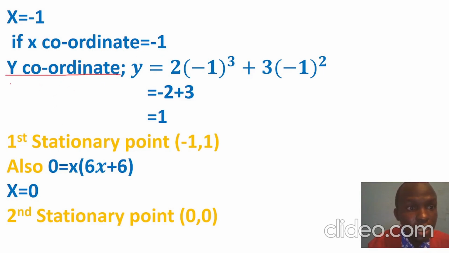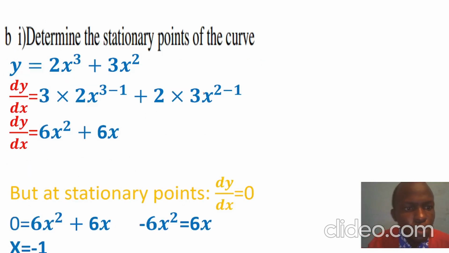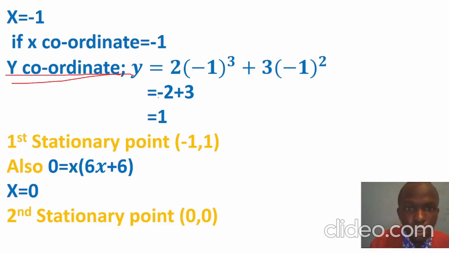Like I have said, we are going to use the original equation. Please don't confuse the original equation. I know you might be tempted to do the substitution with the gradient function, but it is wrong. You do the substitution with the original function, and then we just plug in the values of x, and then the y coordinate is 1.